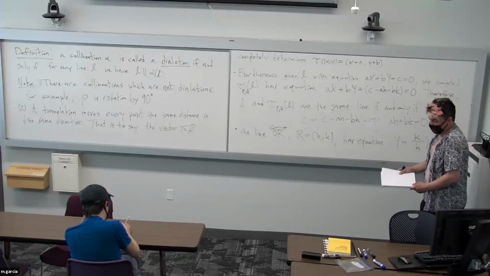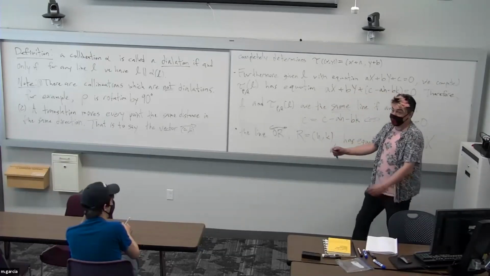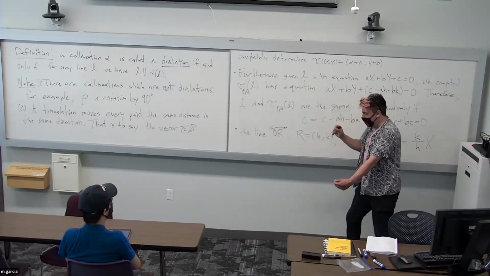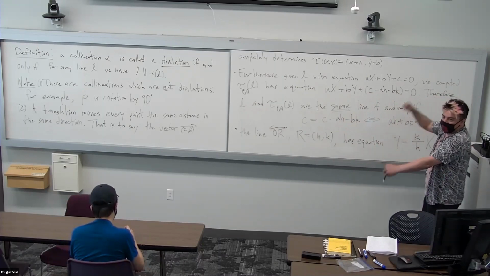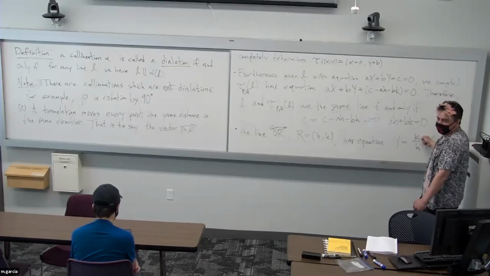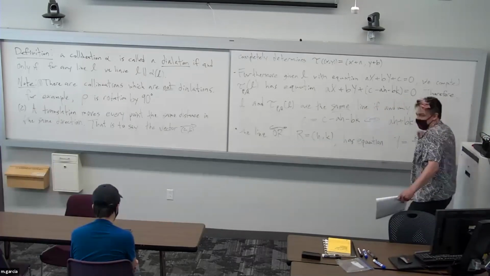So we have this point, which makes a vector from the origin, and the line that it lies on has slope k over h. That's where this equation comes from.